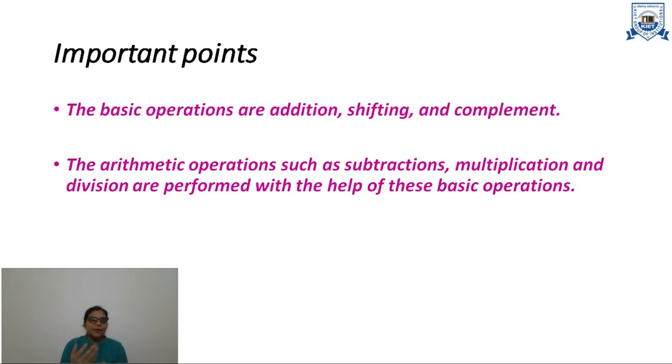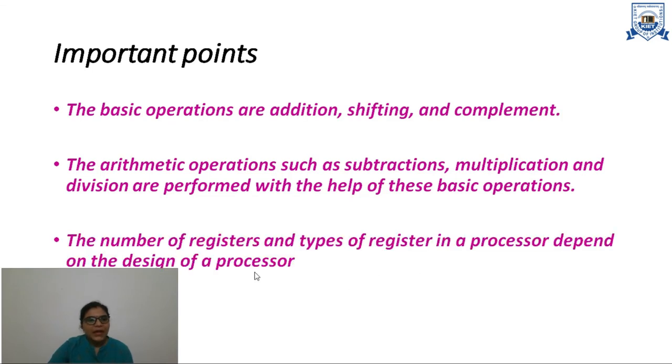Multiplication will be performed with the help of addition and shifting operations, and division will also be performed with the help of shifting and addition operations. We will discuss these operations in future lectures. And the number of registers and the type of registers in a processor depend on the design of the processor. So one processor design may differ from another on the basis of register organization.